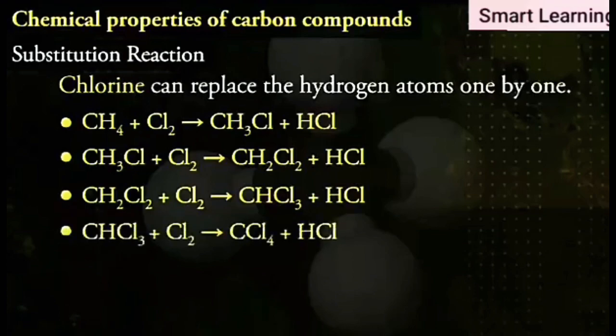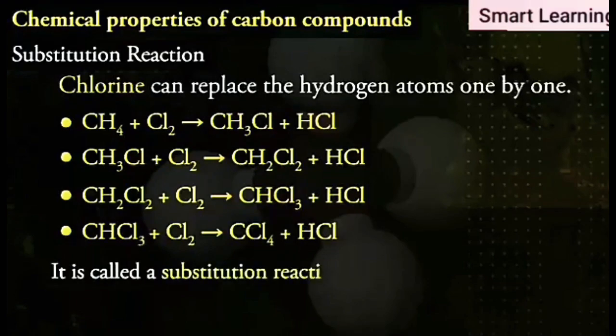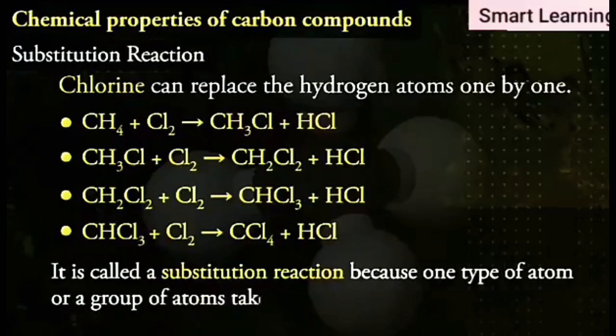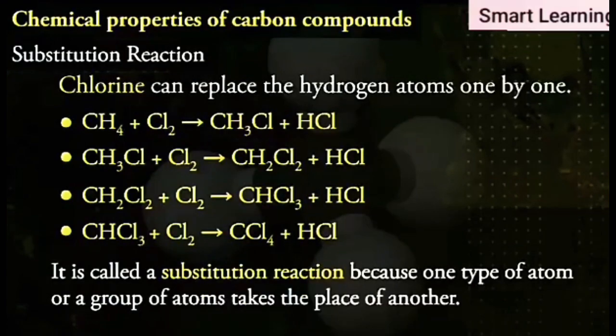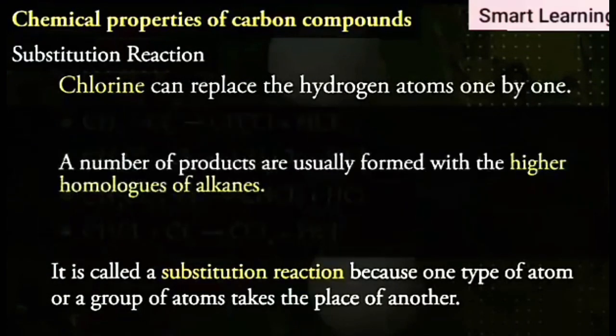CHCl3 plus Cl2 gives CCl4 plus HCl. It is called a substitution reaction because one type of atom or a group of atoms takes the place of another. A number of products are usually formed with the higher homologues of alkanes.